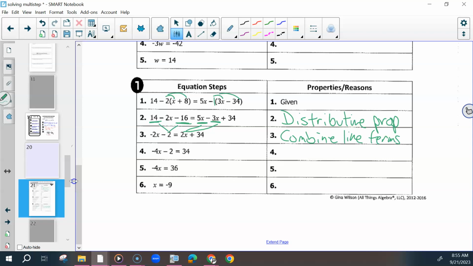Step 3 to step 4. They added the negative to the positive, but then wouldn't that be over here?